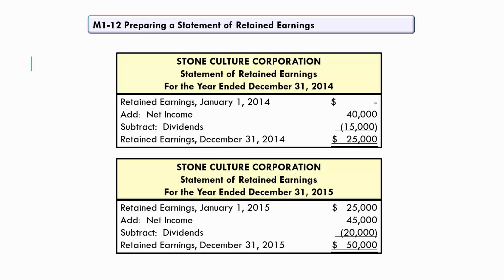The headers look the same between the two statements, the only difference being that the first one relates to the year ended December 31st, 2014, and the second one is the year ended December 31st, 2015. So these are two statements of retained earnings for the company, and we just put the numbers into the form. A lot of accounting is that: learning a form, learning the format, putting things in their proper places.